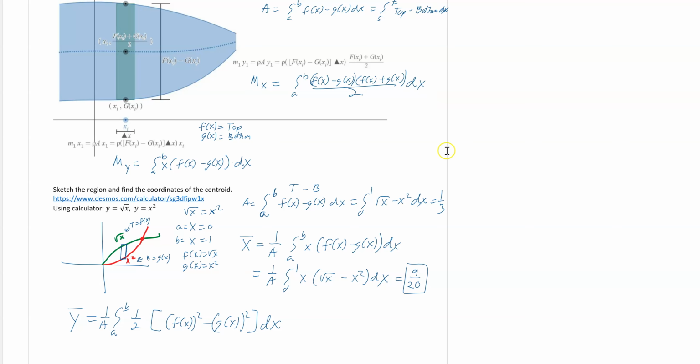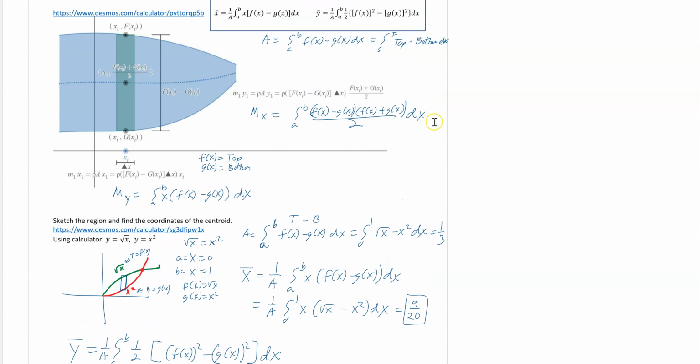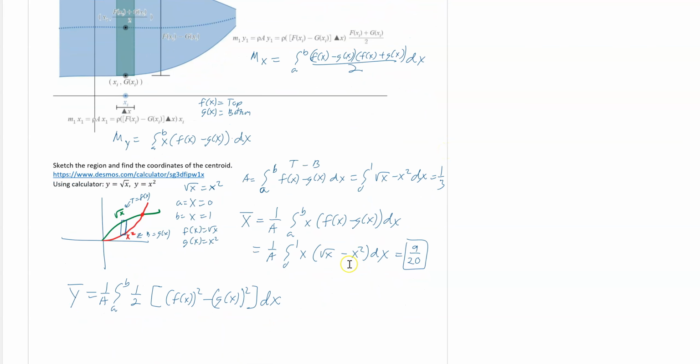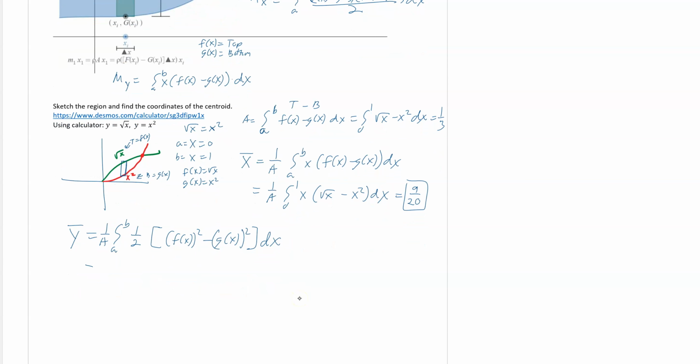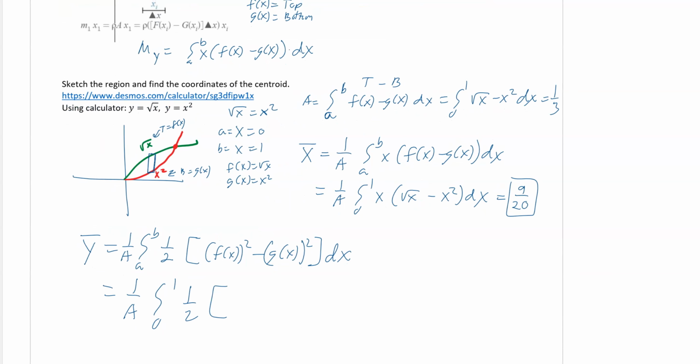And you could use that one as well if you wanted to. But that's our formula. All right, so now if we plug it in, we end up with 1 over a integral from 0 to 1, 1/2. And then our f of x is square root of x. So since I'm squaring it, I'm just going to put in x minus x to the 4th dx, just to save a little bit of time.